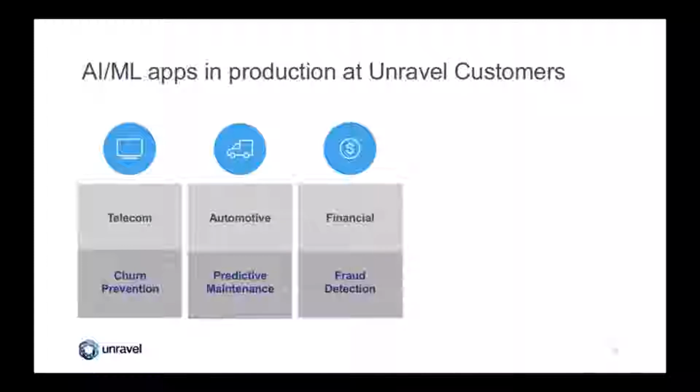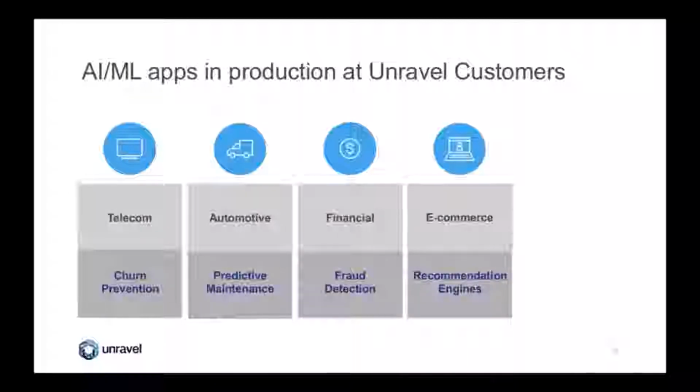In the financial industry, there are a lot of challenges around fraud, and models for predicting fraud and controlling the impact of fraud have had terrific impact. In the e-commerce domain, arguably one of the domains where AI and ML applications were created and have been successful from the very beginning, recommendation engines are very important, and these engines can give very personalized recommendations on products to buy or pages to look at.